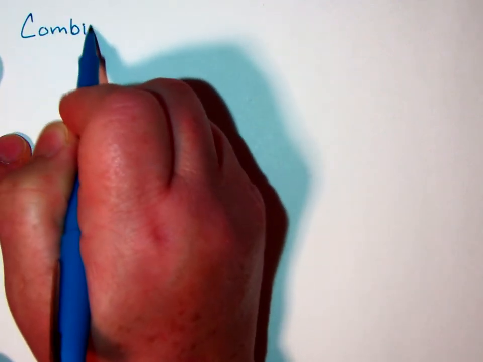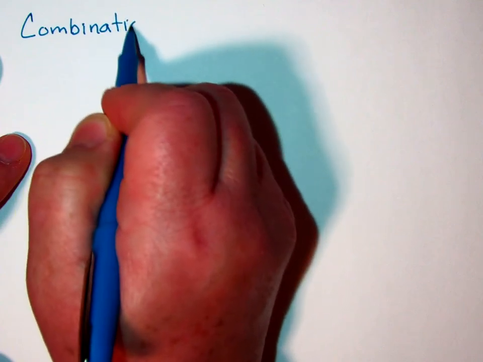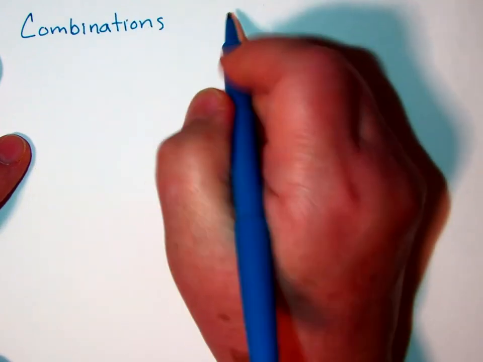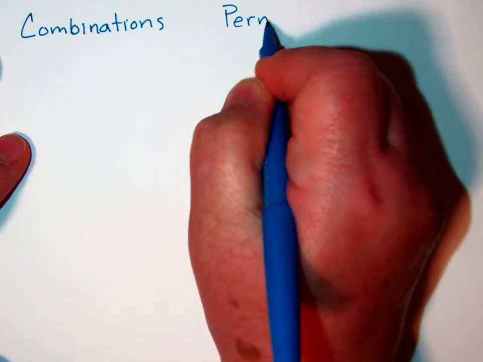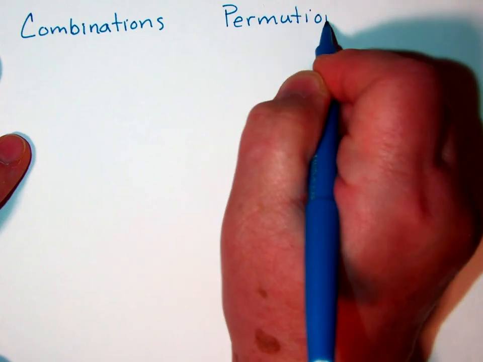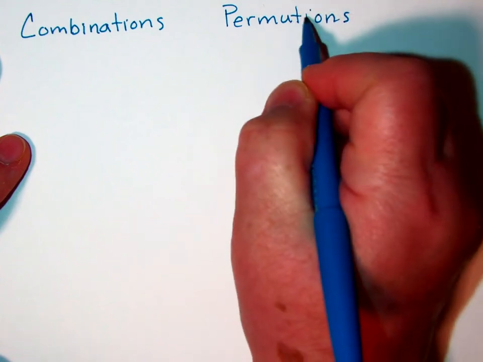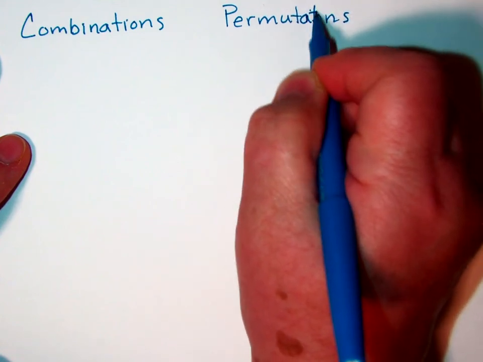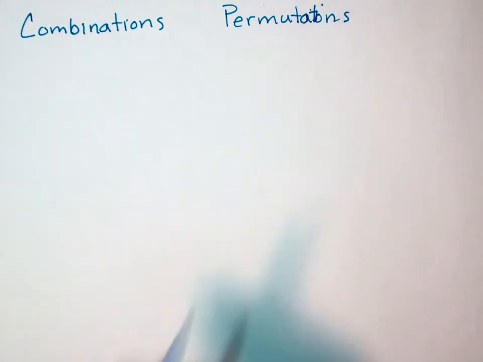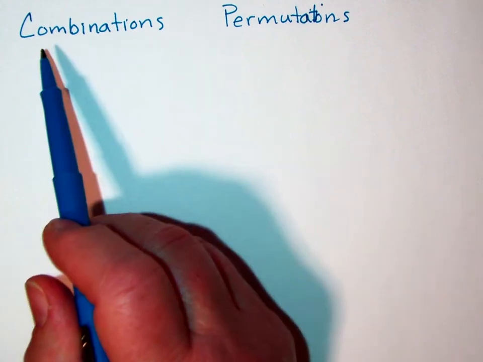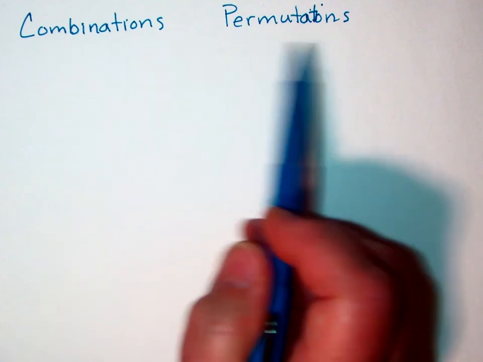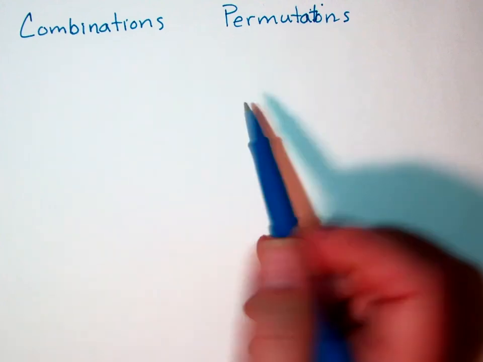Combinations and permutations. Both of these are branches of mathematics that explore the number of different ways things can be put in order. And the difference between them is combinations, you don't care what order they're in. Permutations, the order matters.